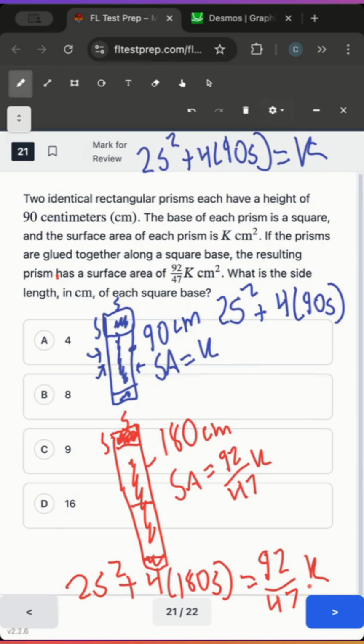Do you see how these equations are interacting? If I move this 92/47 over to the other side, wouldn't I have 2 equations that both equal K, and therefore they both equal each other? Exactly. Let me go ahead and get some space before I move on to the next step.